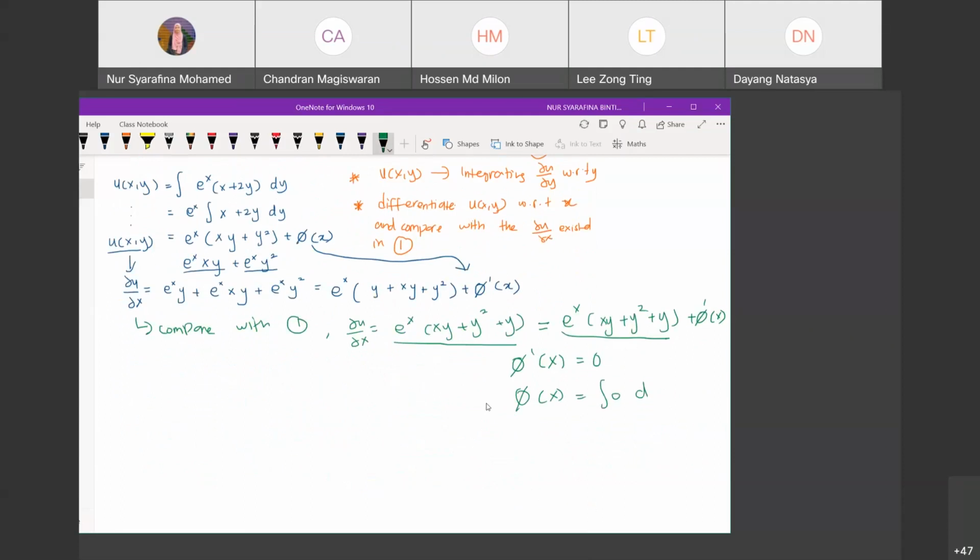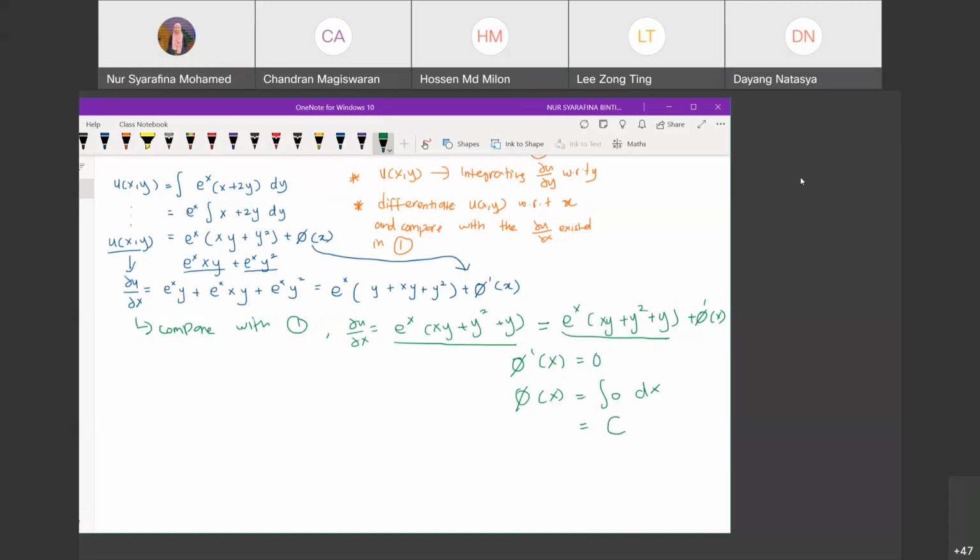Okay, 0. So psi prime equals 0, then psi(x) equals the integral of 0 with respect to x. Integrate 0, you should get what? You should get a constant. Okay, integrate 1, you should get x.